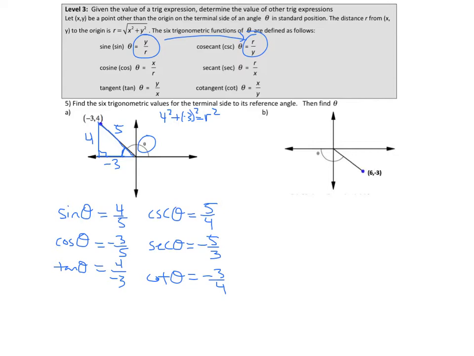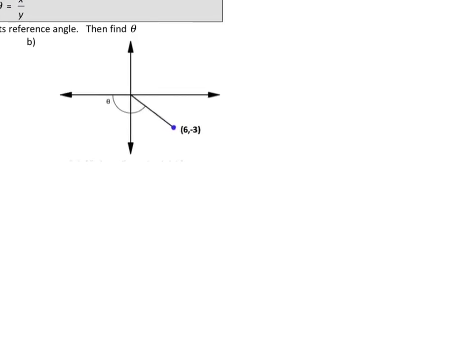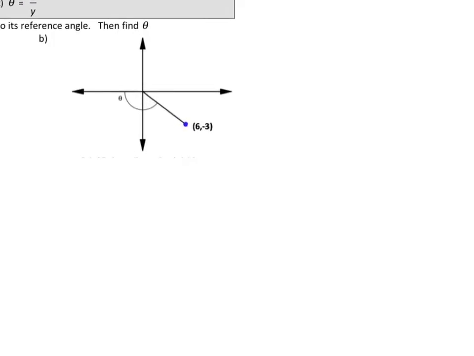In this next example, we don't have a nice, pretty Pythagorean triple, so the numbers aren't going to be quite as pretty, but we do the same thing. We draw a right triangle using the reference angle as our acute angle, and the y value is going to be -3. Since it's below, it has a negative y value. The x value is +6. And then we need to find r using the Pythagorean theorem.